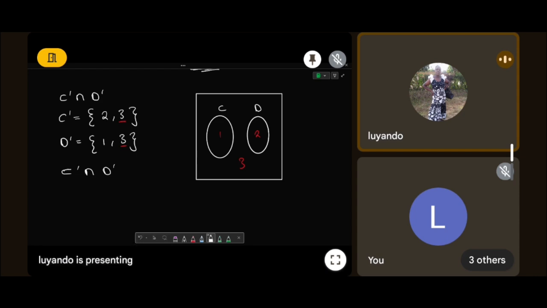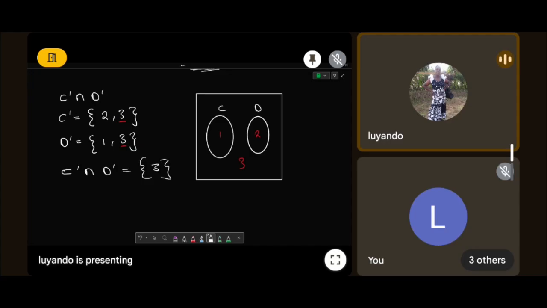So we find that C complement and D complement only intersect at 3.